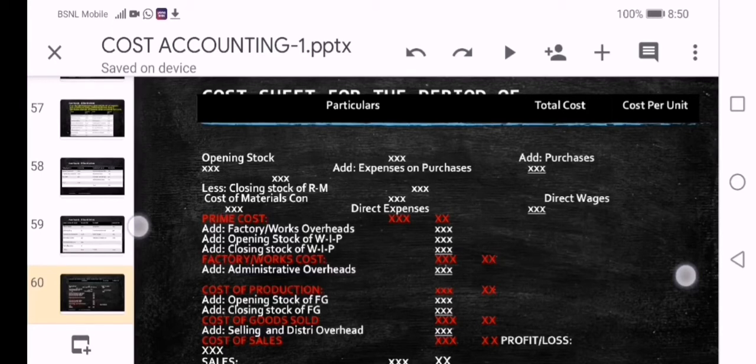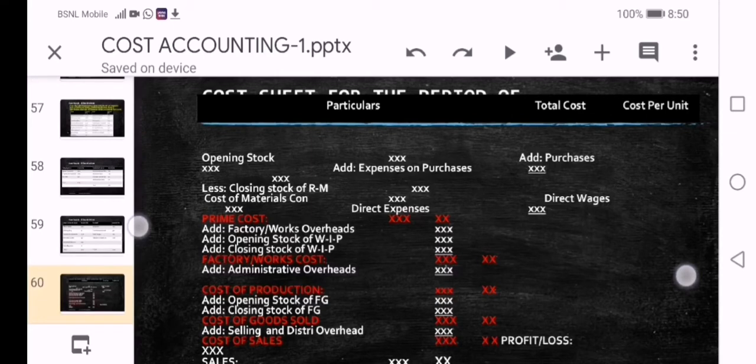After this, go for the factory or works overhead. All the items related to factory and works overhead, any indirect cost or overhead related to factory and works cost, you have to show in the total cost column. Similarly, add opening stock of work in progress and less closing stock of work in progress.